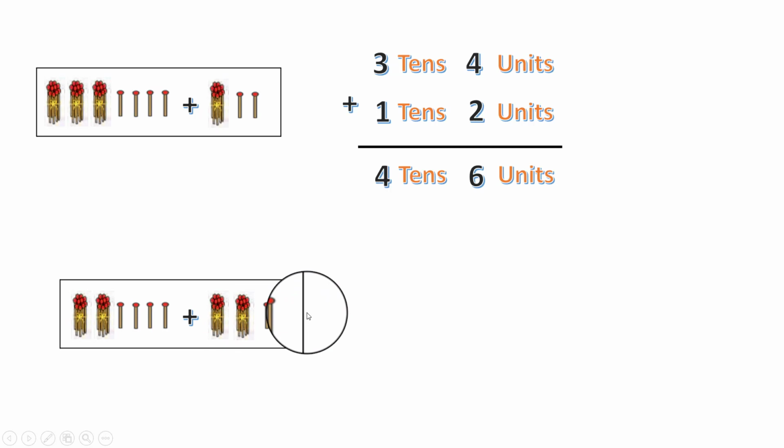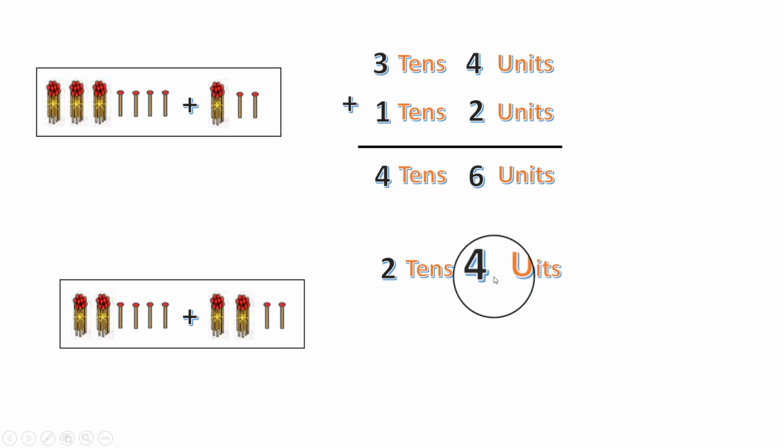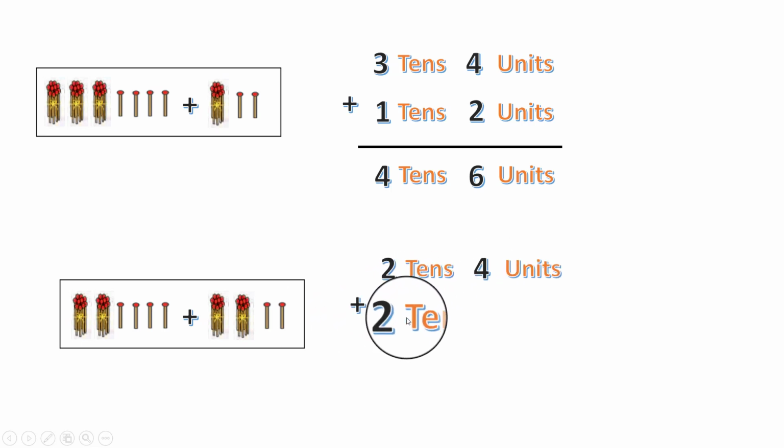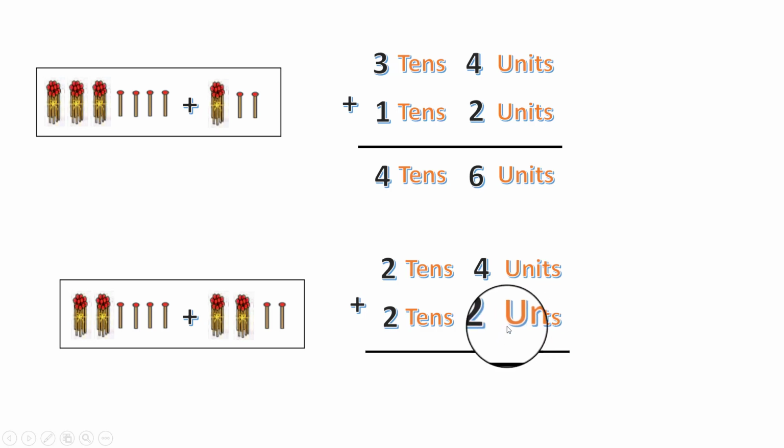We write them in words. 2 tens and 4 units plus 2 tens and 2 units, and the answer is, 4 and 2.